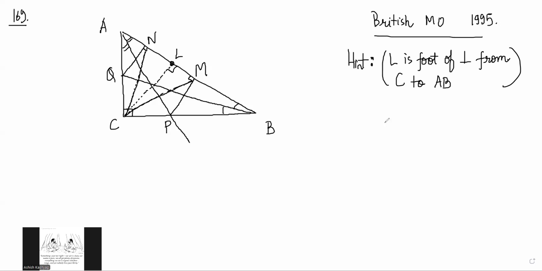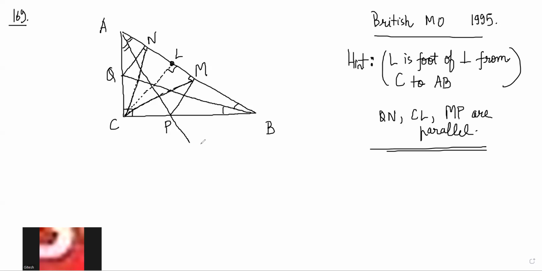Do you realize that lines QN, CL, and MP are parallel? So is it because the corresponding angles are equal?